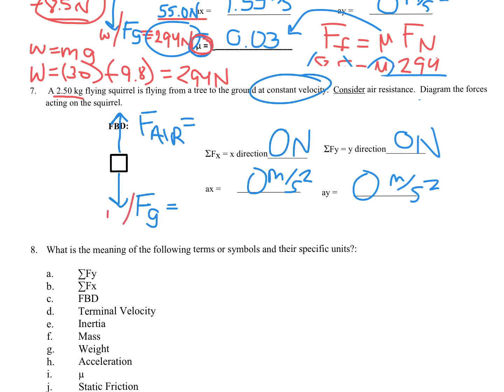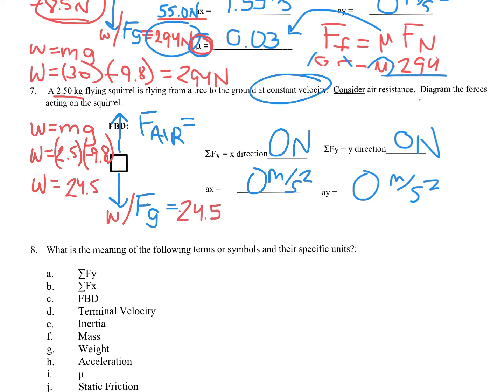So don't forget, force of gravity is the same as weight. We know weight is mass times gravity. So my weight is going to be the mass, which is 2.5 for the squirrel, times negative 9.8. If I throw that in my calculator, 2.5 times negative 9.8 is 24.5. So that means the force of gravity downwards is 24.5 newtons.